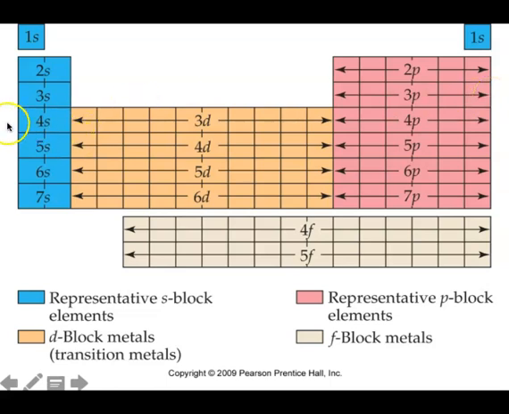Then you go down, you fill a couple of 4s's, and then you go back and you fill what's called the 3d, and then you go and you fill the 4p. Notice that I'm always starting at the top and working my way down. That out of order filling has to do with the fact that when you split these floors of the apartment building, some floors kind of get in the way of other floors, and there's all kinds of a mess going on.